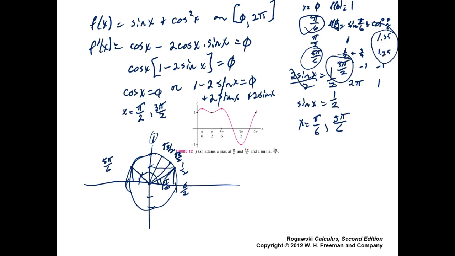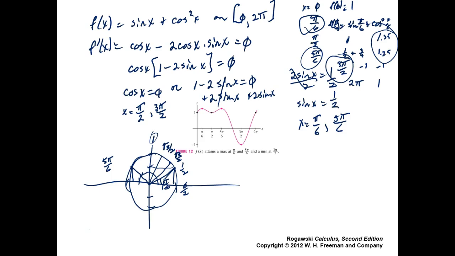Okay? So we had 3 1s, 2 1 1/4s, and 1 negative 1. Sure, that's our minimum. These 2 are co-maxes. They're both your max. Okay? So it obtains a max at pi 6, 5 pi 6, minimum at 3 halves. Okay? Make sense? All right.